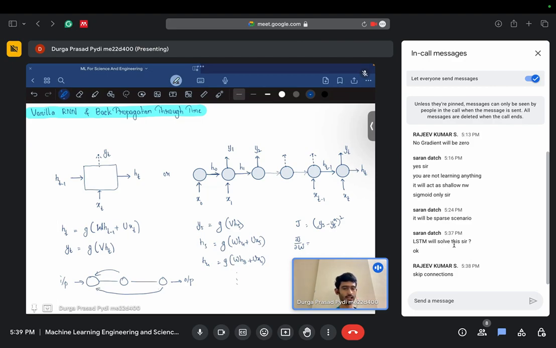So we have provided some pathways so that your gradient information can actually reach the neurons directly. This is something that we have done in CNNs. A similar idea will be used here.